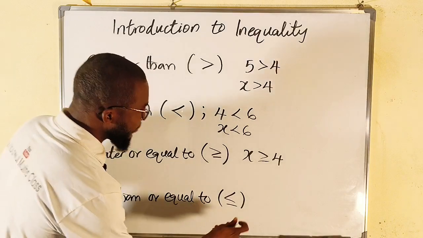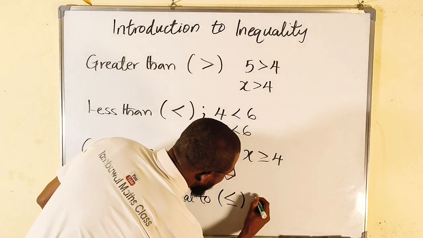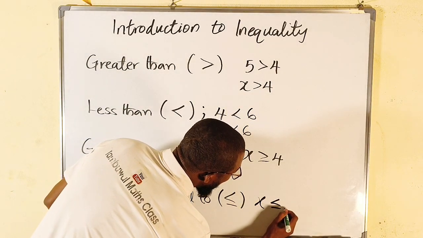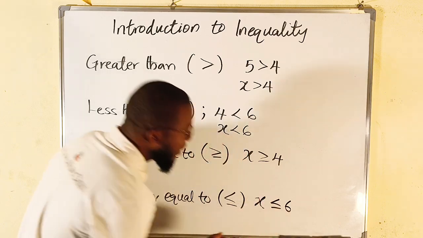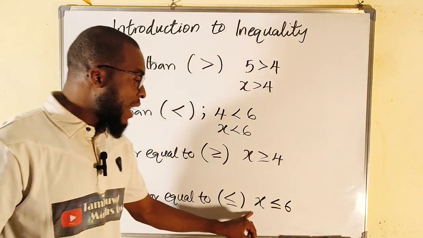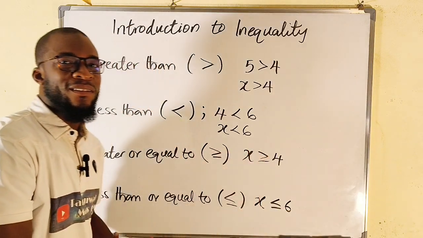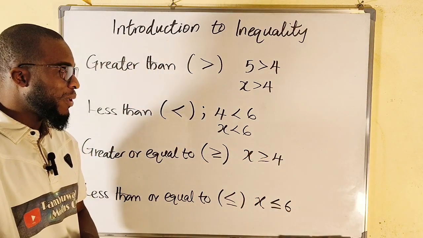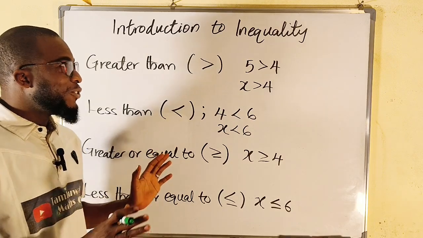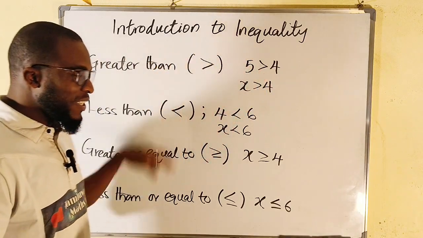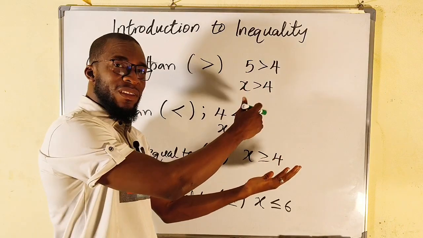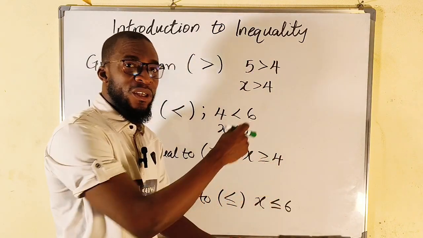But if you have x less than or equal to 6, it means that x can also be equal to 6 at the same time. That is the difference between them. So this is just an introduction to inequality, the notation, and how you can represent them using the notations.